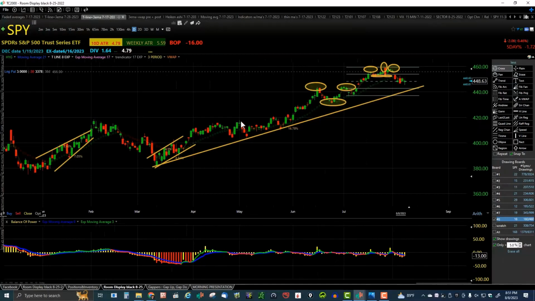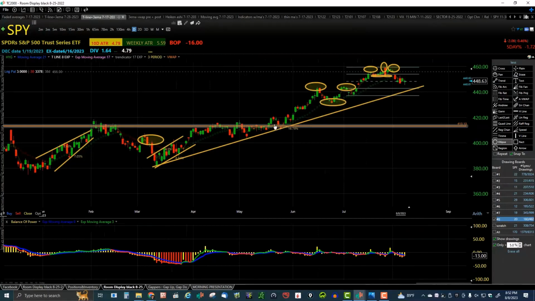Then it tries to break out, and then it comes back and tests minor support one more time right here. And then it moves into a flag formation. Now this area up here, see this plateau of candles right there, that becomes the new minor support. And as you see, price comes down and checks minor support, bounces up, makes new highs.